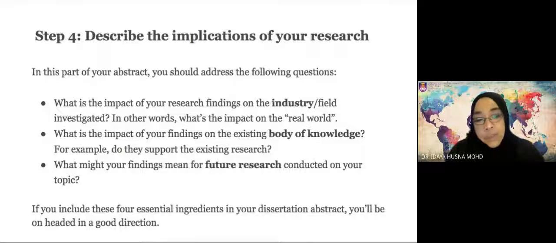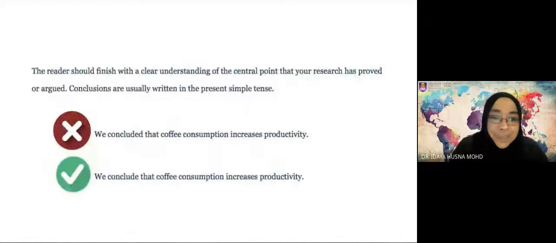If you include these four essential ingredients in your dissertation abstract, you'll be headed in a good direction. At the final part here, some of the words that we could use is that we conclude that coffee consumption increases productivity, rather than we concluded that coffee consumption increases productivity.